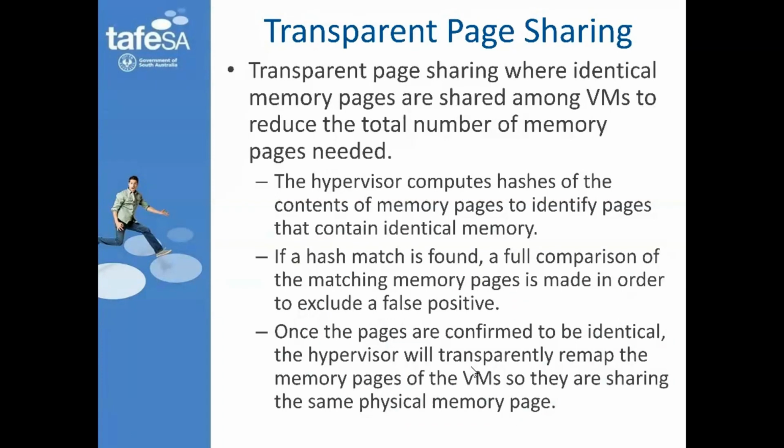But transparent page sharing reminds me of that, because instead of looking at the file system, it's looking at memory, at sections of memory. If this section of memory and this section of memory are exactly the same, why store it twice?